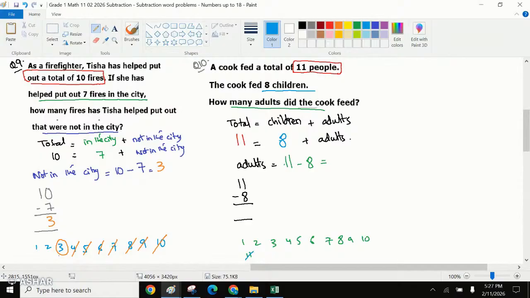So let's subtract 1, 2, 3, 4, 5, 6, 7, and 8. And we are left with 3. 11 minus 8 is 3. So there were 3 adults. If there were 8 children, then there were 3 adults. Agreed? Let's have a look at the next question.